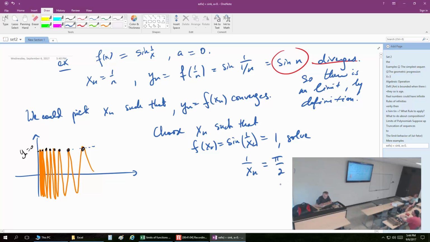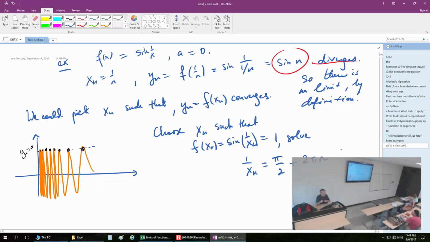Okay, pi over 2, so this is the answer. It will be 2 over pi. I'm sorry, hold on, I'm getting ahead of myself. That's only 1 point. Pi over 2 plus, it revisits 1 every, what's the period here? 2 pi, that's right. 2 pi n.